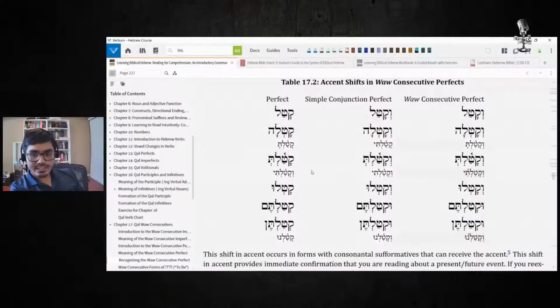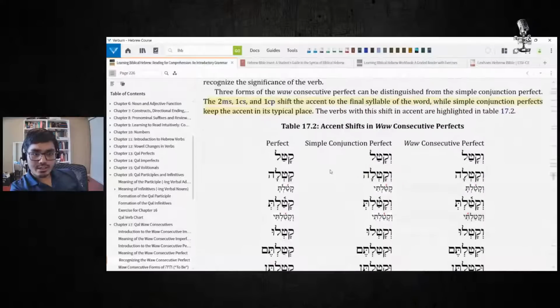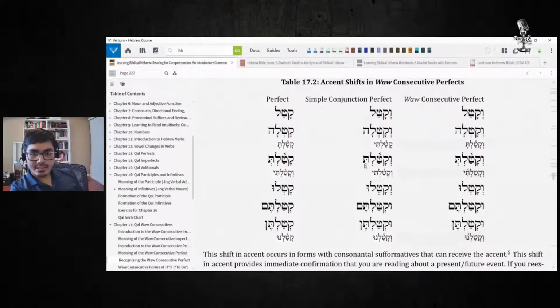sometimes shifts the accent. You can see that in this chart right here, second masculine singular, it would be this one, as well as the first person singular, and the first person plural.